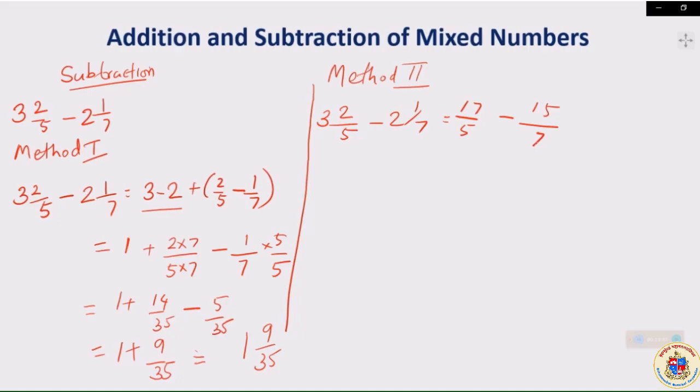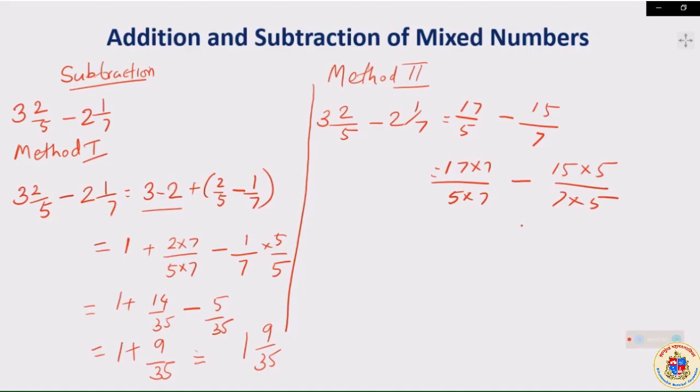Now we will be converting the denominator into 35 because 7 and 5 are having LCM 35. That means multiply with 7 in the first case, 5 into 7, and in the second case multiply with 5, that is 15 into 5 upon 7 into 5.